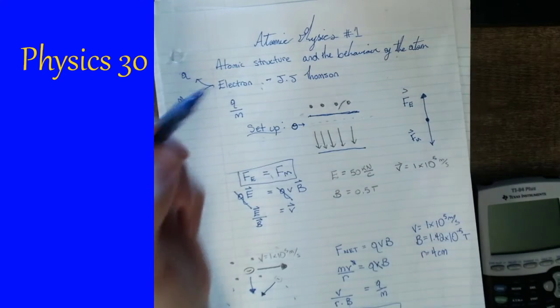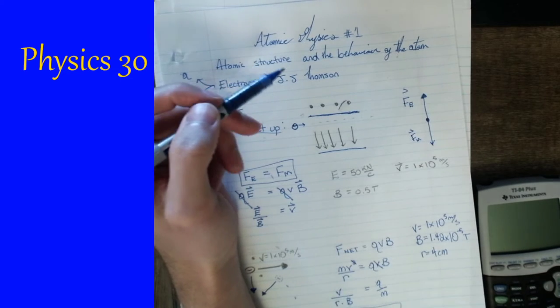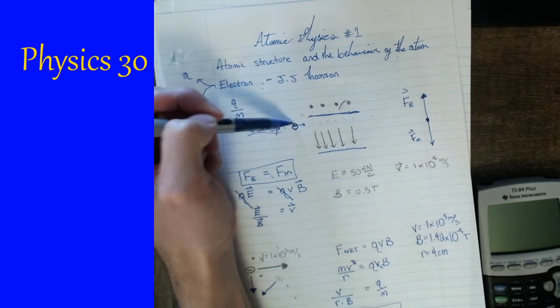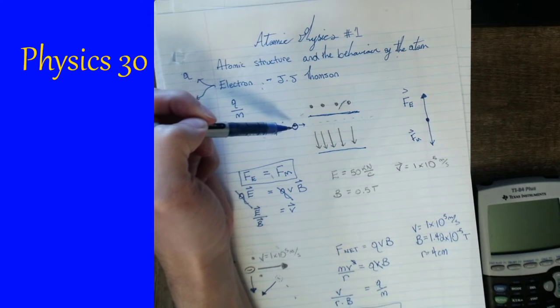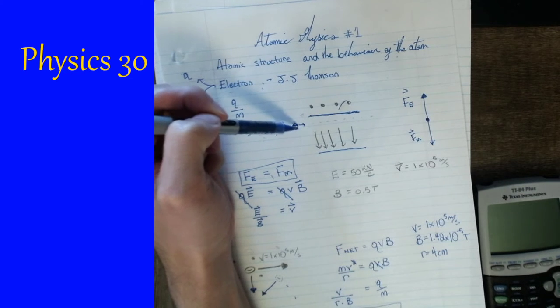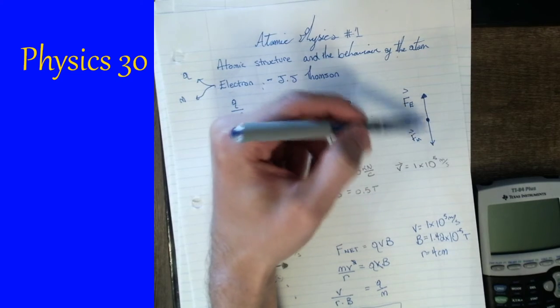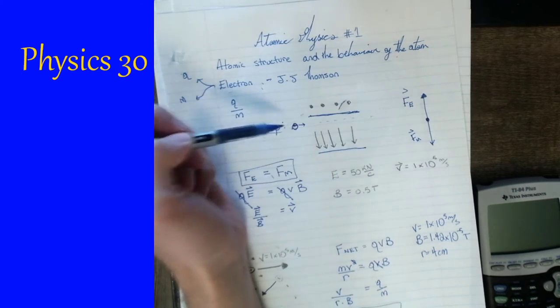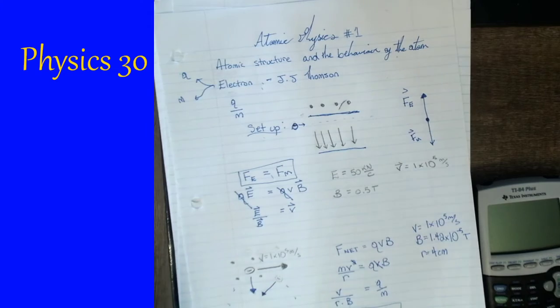You'll also notice that for this, shouldn't gravity act on this particle? And the answer is yes, but it's assumed that it's so small that these two things are so big compared to the gravitational force that we don't actually have to include the gravitational force.